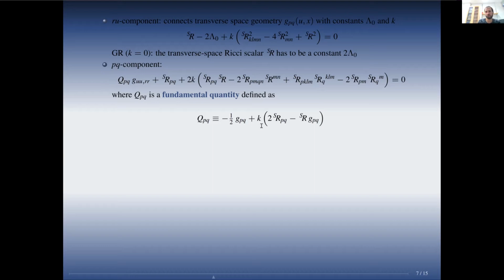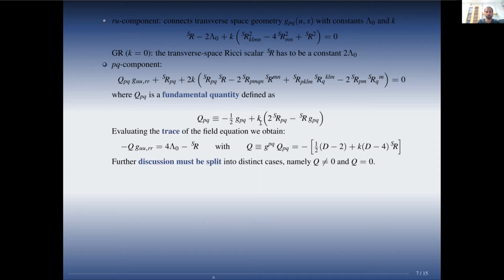But in the case of Gauss-Bonnet theory, there is this Gauss-Bonnet contribution, and it can be combined with this metric tensor, and we have to distinguish various cases, whether it's 0 or not, or its trace is 0. So it's written here. So if you would like to integrate this equation, you can evaluate its trace with the trace of this U_pq, which is written here.